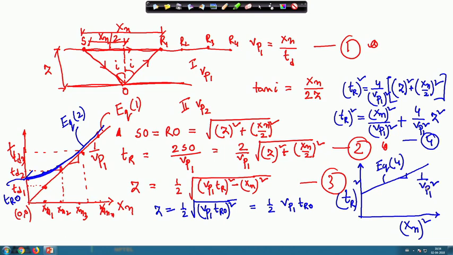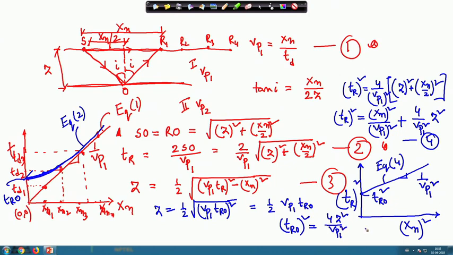So, from here I will get the V_p1 value, and then the intercept will give T_r0 square. Now, putting x_n equal to 0, T_r0 square equals 4 z square by V_p1 square.